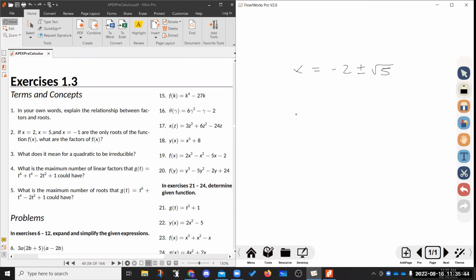So if I did that, and just show you what that might look like. That would be an irreducible quadratic because it wouldn't factor over the rationals.